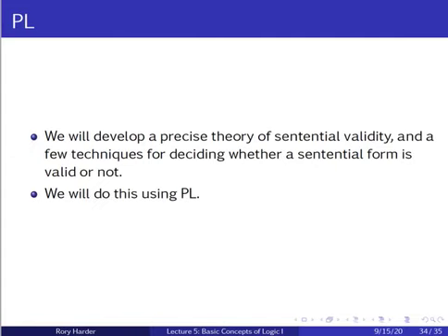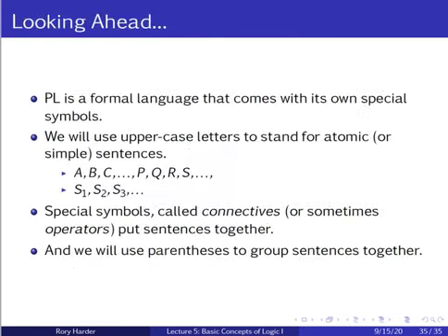But we will develop a precise theory of sentential validity and a few techniques for deciding whether a sentential form is valid or not. And we'll be doing this with the formal language of PL. So just to anticipate what we'll start doing next week when we introduce the syntax of this formal language PL.